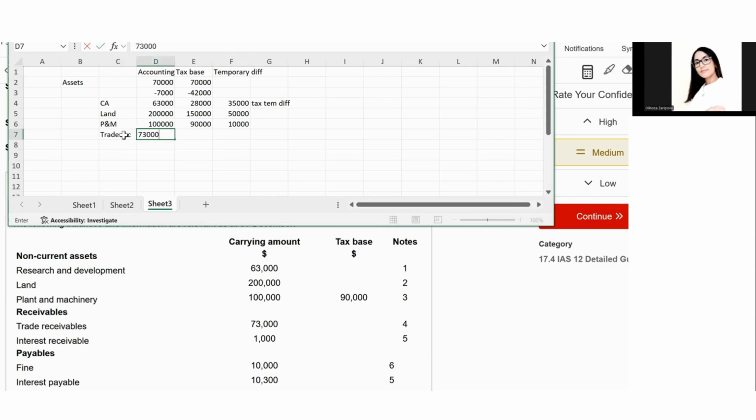So they don't have any temporary differences, because we also recognize revenue for tax when it is received. Zero difference.